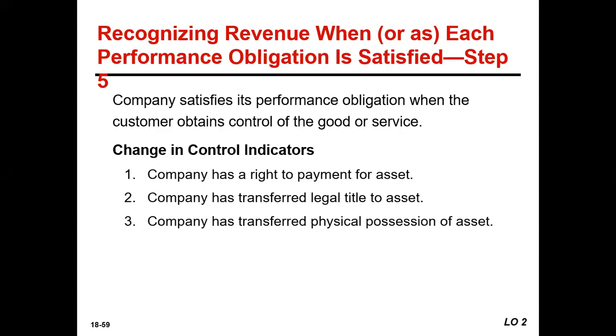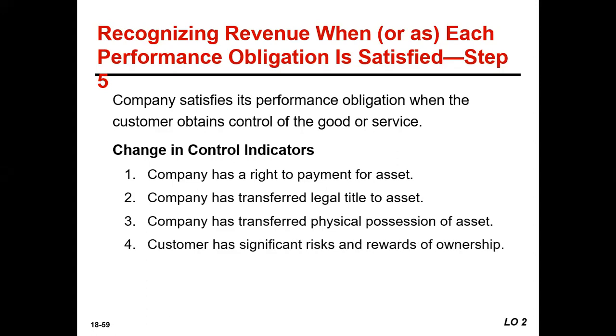Company has transferred physical possession of asset. Customer has significant risks and rewards of ownership, as given in the Bean and Tyler relationship earlier. And customer has accepted the asset. So these are the 5 preconditions. We call it the change in control indicators.